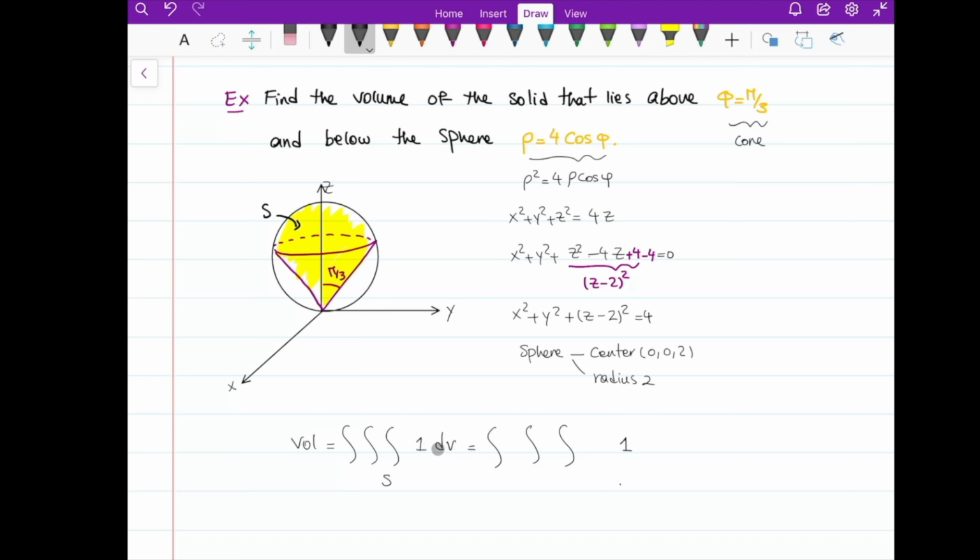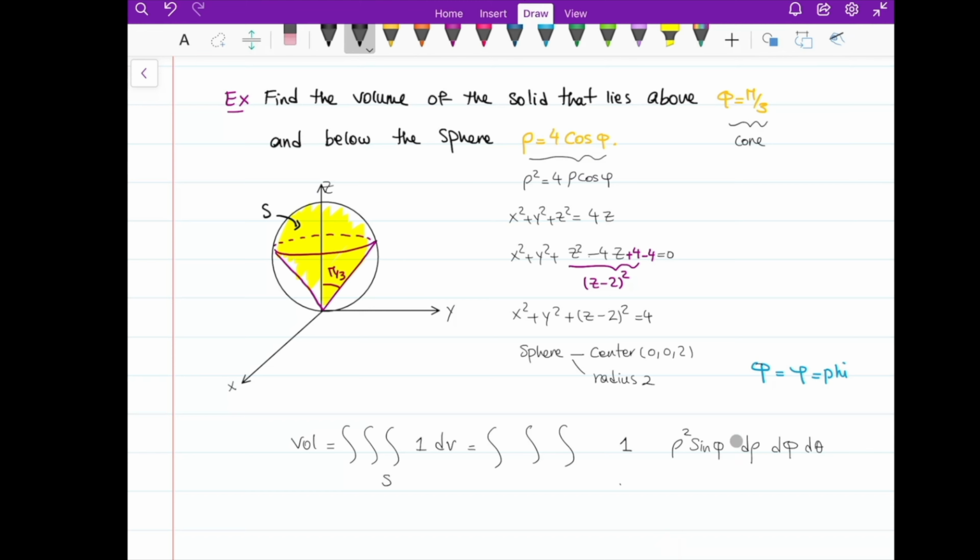The volume element would be rho squared sine phi. We can write phi like that or phi like this. Both of them are phi. So rho squared sine phi d rho d phi d theta.